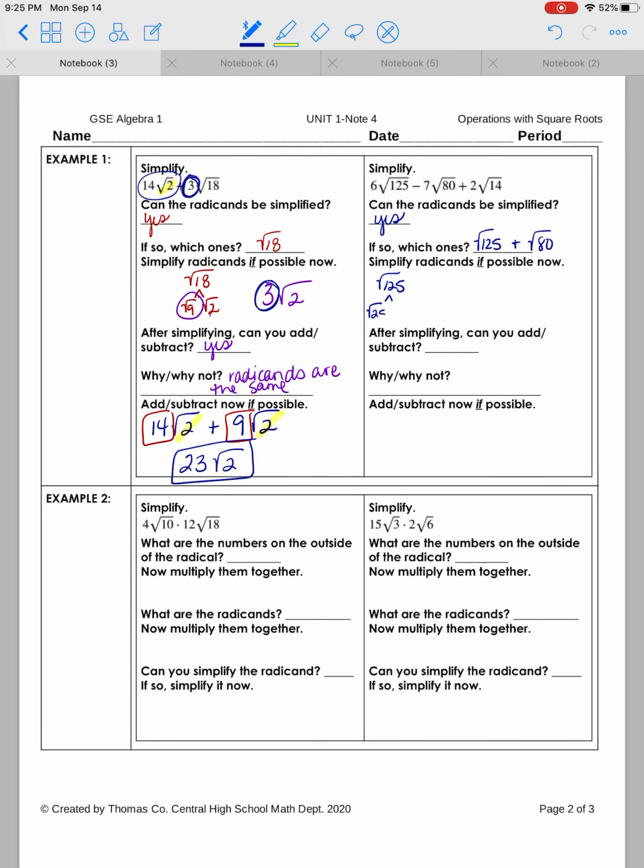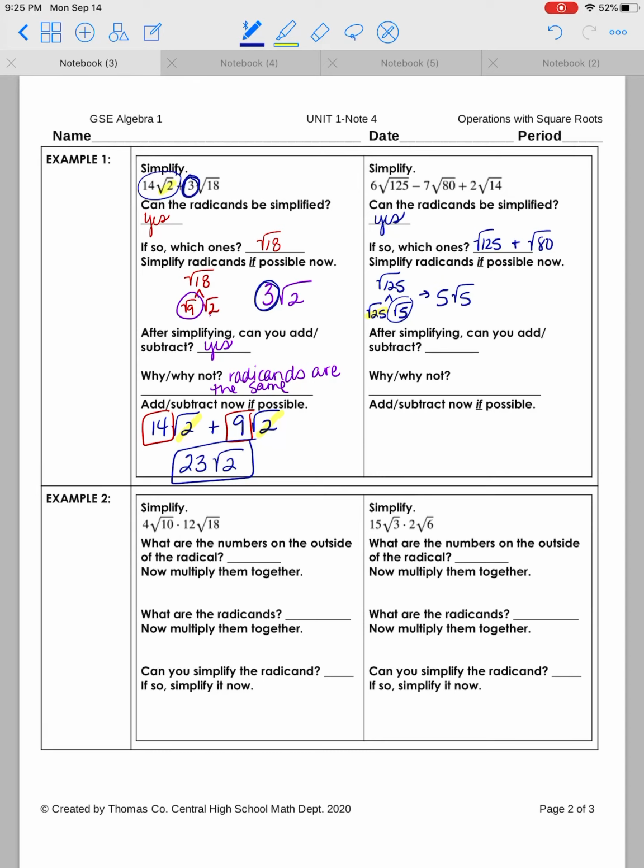If I'm thinking about quarters here, how many quarters give me $1.25? 5 of them do. So I'm going to take my perfect square, 25. What's the square root of 25? 5. 5 times 5 gives me 25. And then I'm going to bring over my non-perfect, 5 square roots of 5.